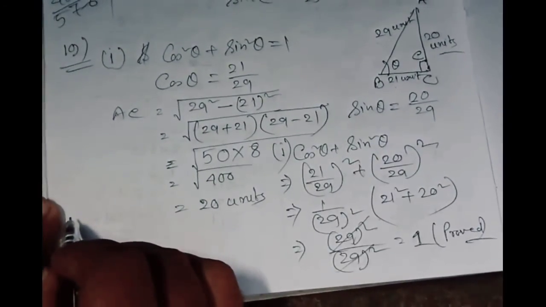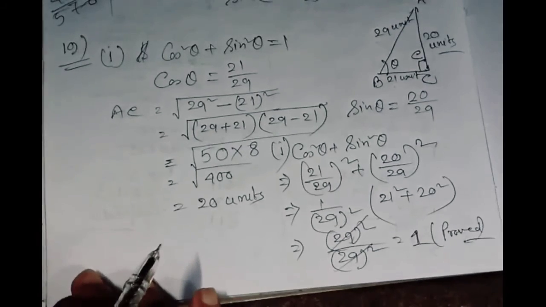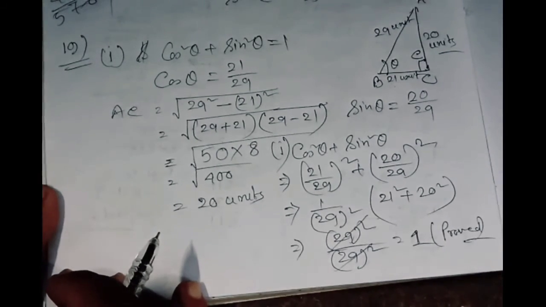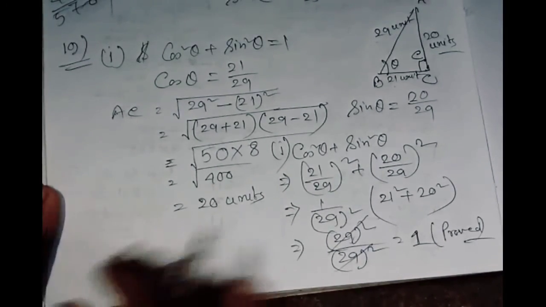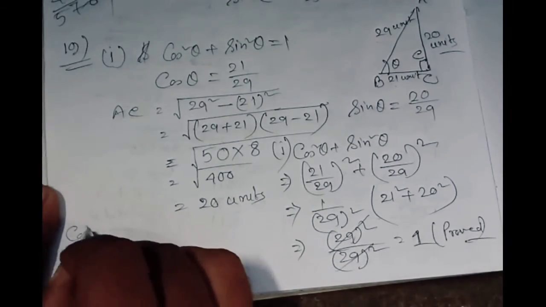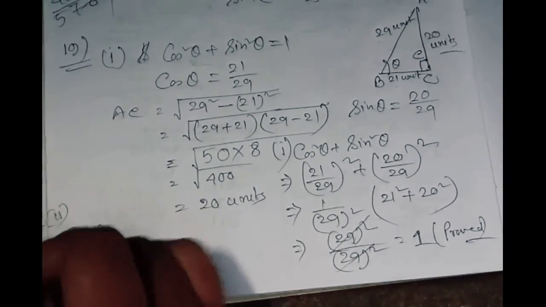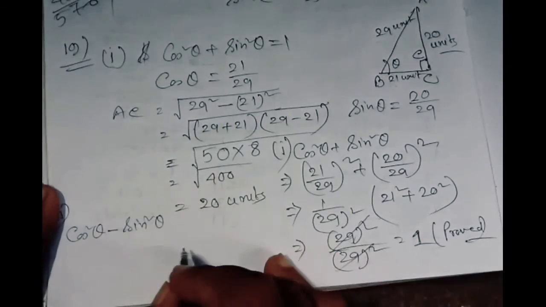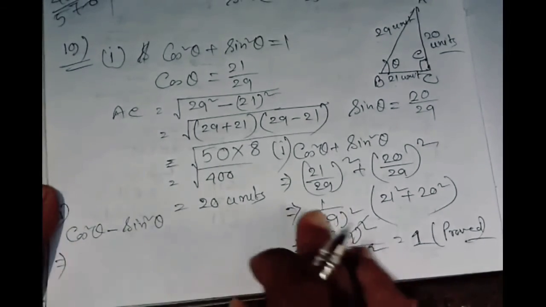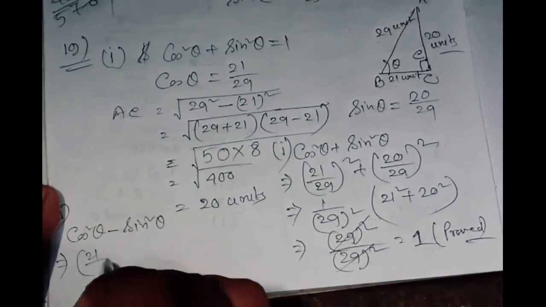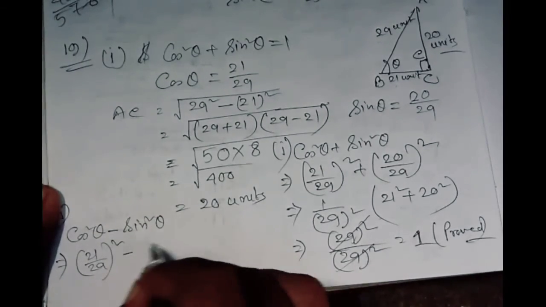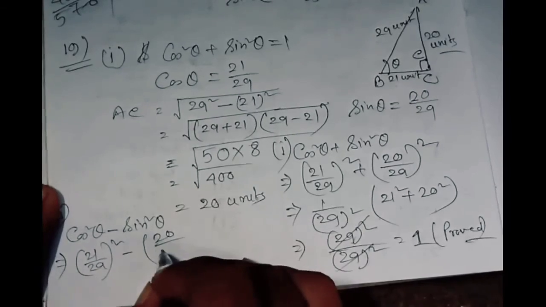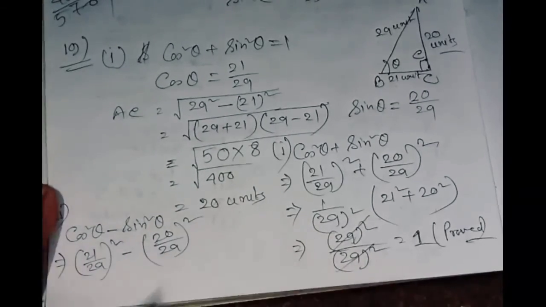Next, second condition I am doing here, that cos square theta minus sin square theta is equal to 41 by 841. So this is second question, cos square theta minus sin square theta. Now cos square theta, that means 21 by 29 square minus sin square theta 20 by 29 square.